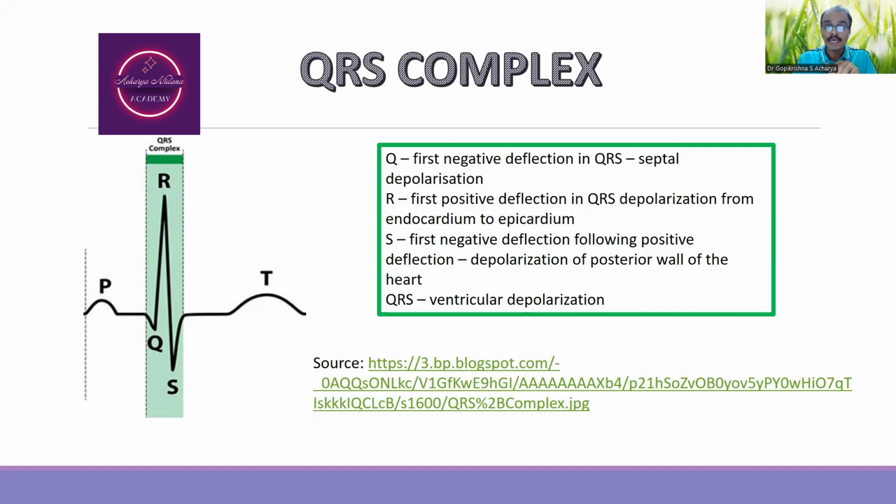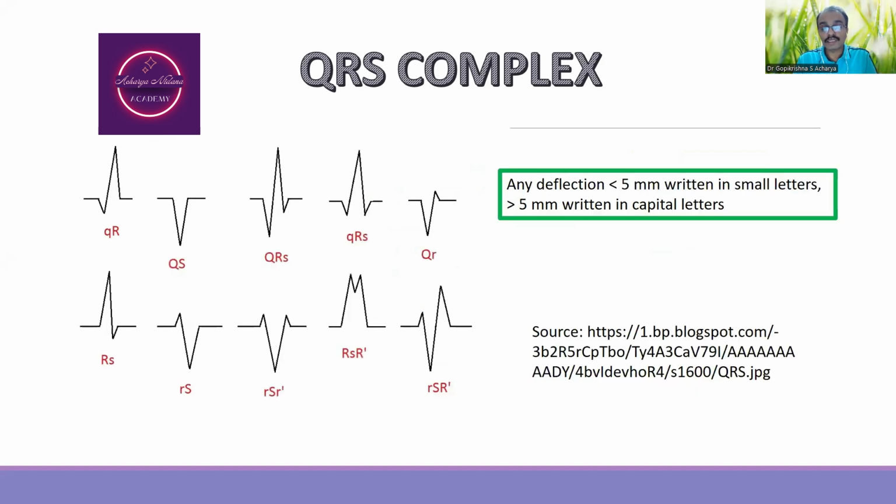Altogether, the QRS complex represents ventricular depolarization. It need not be that the Q wave, R wave and S wave are all present in all the leads. These are the different patterns that you are going to observe in the different leads.